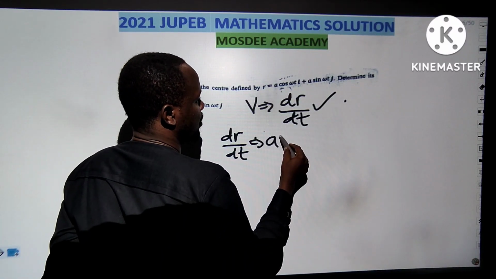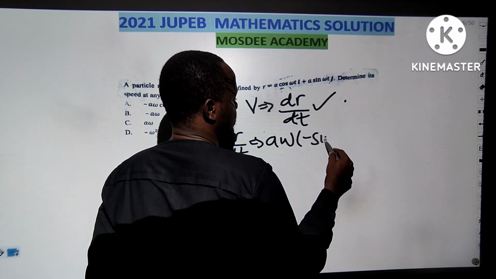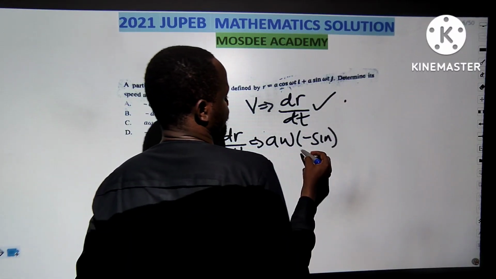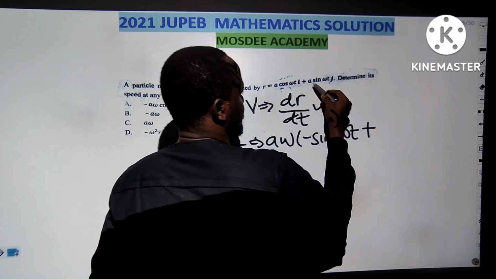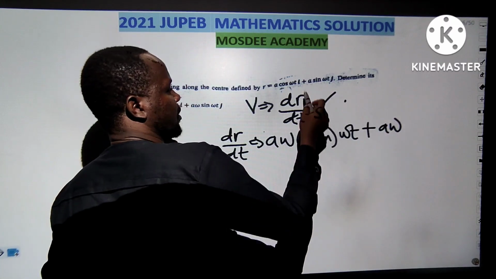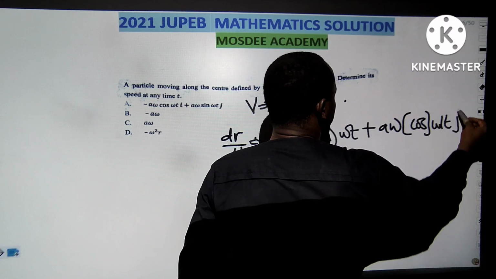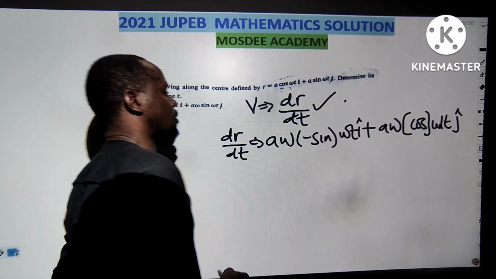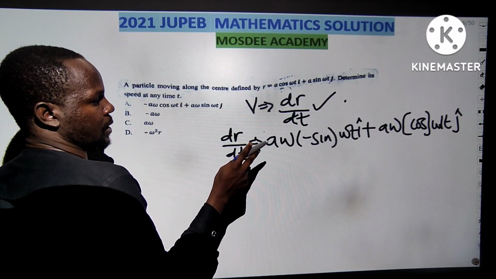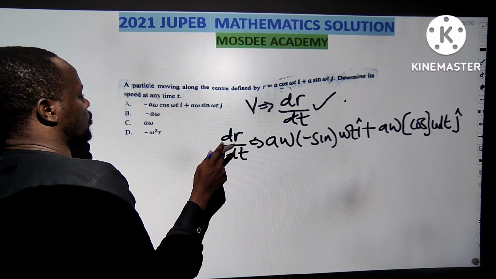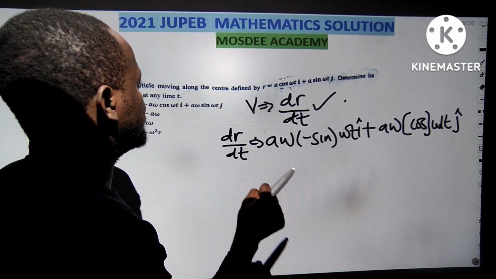so a omega is a constant. When you differentiate cos, it will give you minus sine omega t i, plus a omega, when you differentiate sine, it gives you cos omega t j.